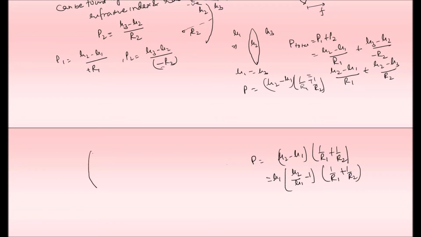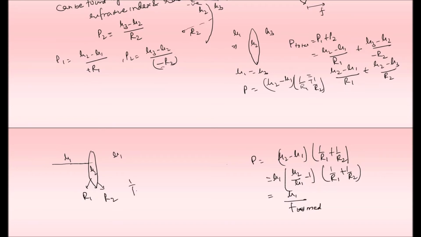So if it is a convex lens having the refractive index mu2 and placed in a medium having refractive index mu1, then the power is given by mu1 by f, where f is, in fact, it's a medium, so we just write f medium.